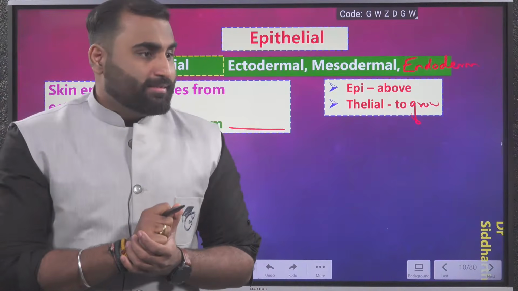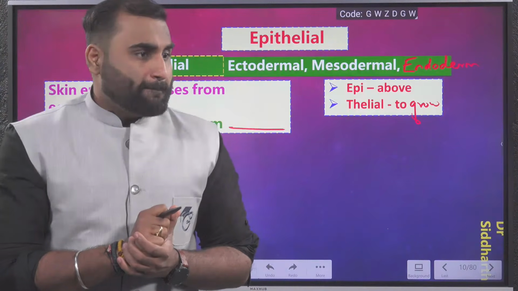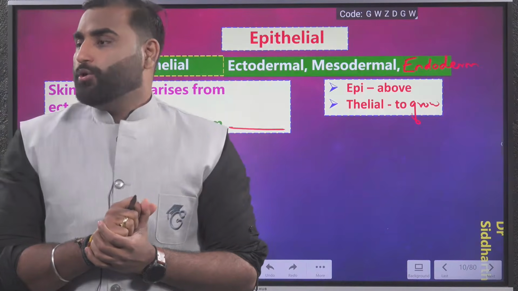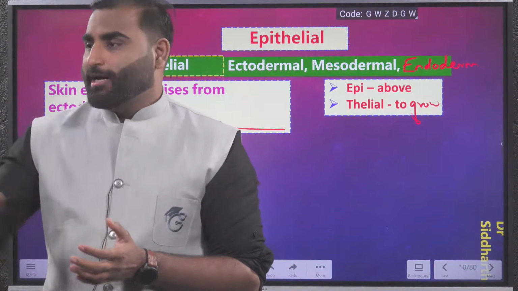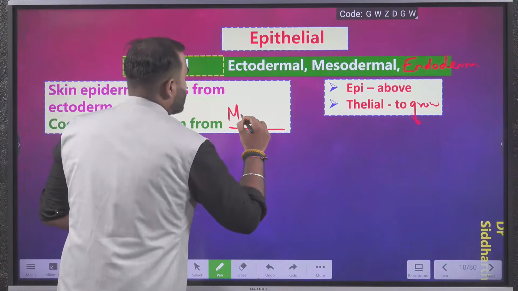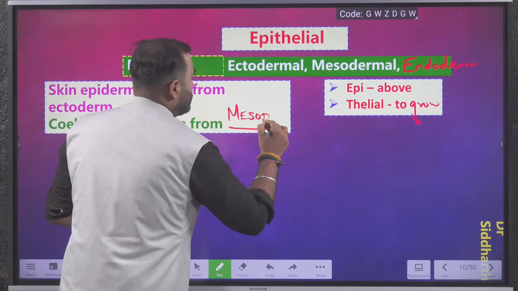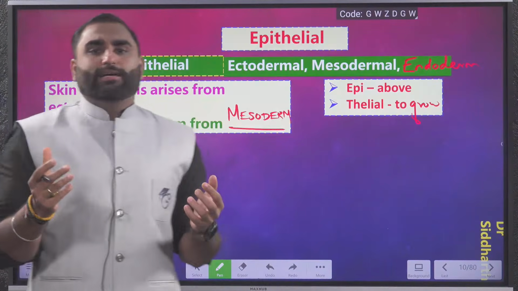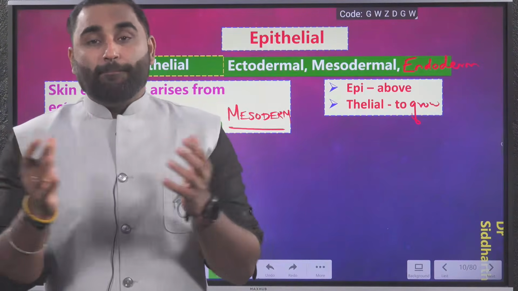What will be the answer? Mesoderm. Very good. Excellent. So coelomic epithelium is derived from mesoderm. So what we did here? We compiled the two topics.